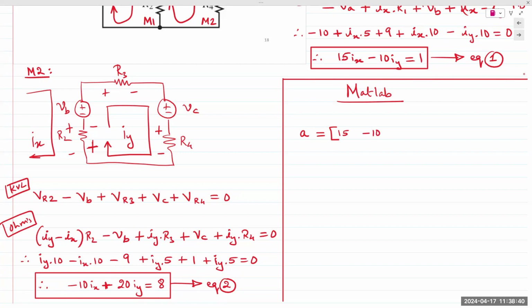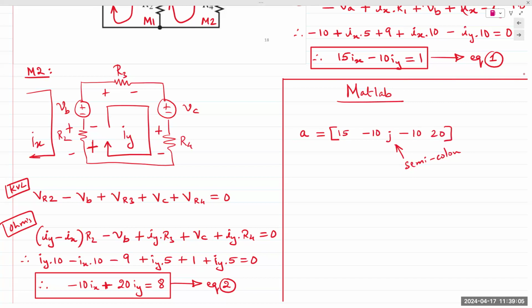There should be a space between the two constants. Then for equation 2, you have to separate it out using a semicolon. Second equation, the constants are minus 10, space 20. Close the bracket, press enter.